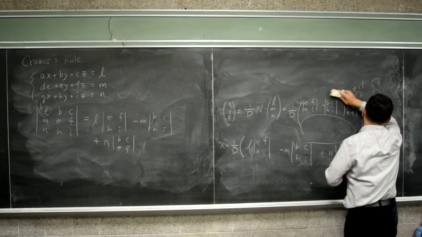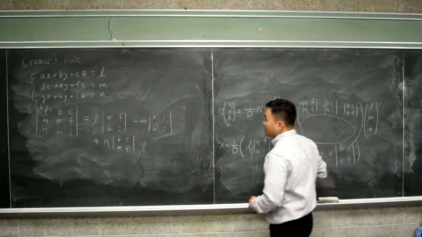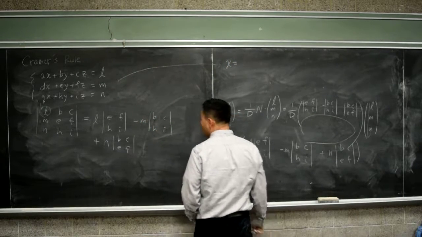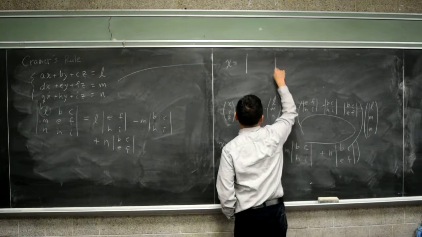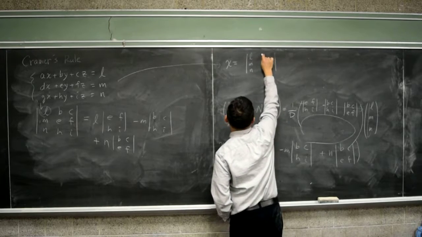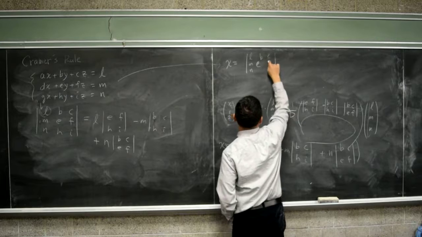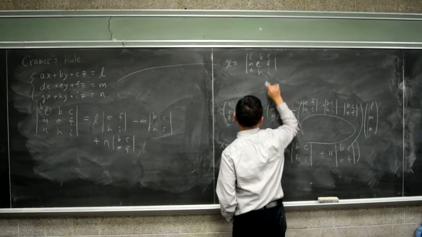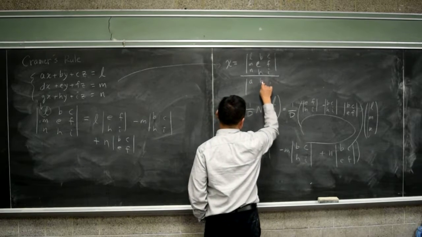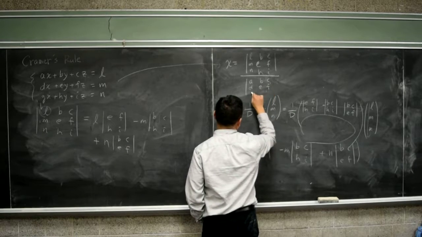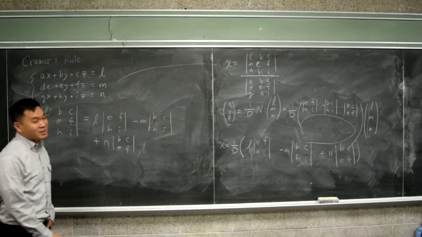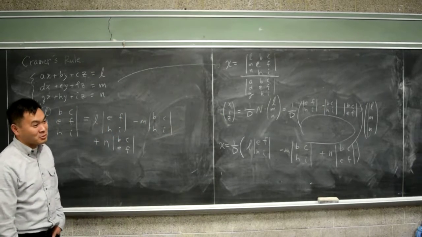The formula says simply, if you had this question, then your value of X is L, M, N replacing the first column, B, C, E, F, H, I, and then you divide it by the determinant of the original one. So that's Cramer's rule, Cramer's formula.